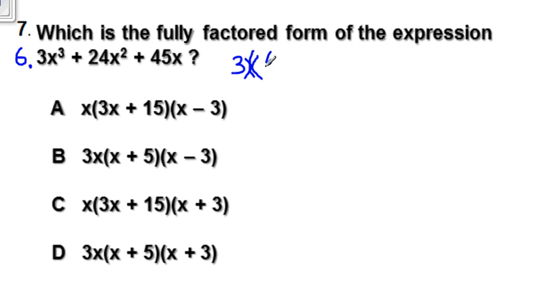3x, let's put it like that, times quantity x squared plus 8x, 24 divided by 3 is 8, plus, that's going to be 15.